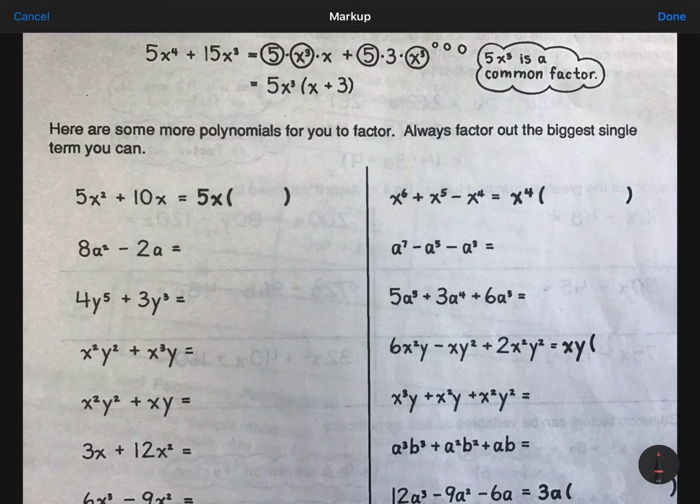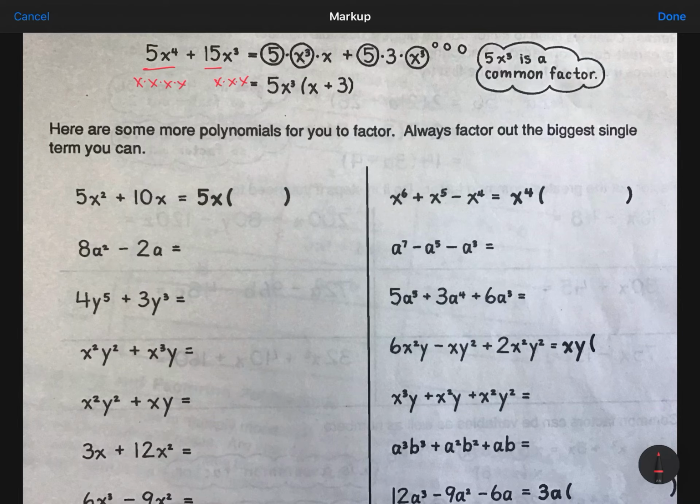So, as you can see in the example up above, with this first one, they took out a 5 from both the 5 and the 15, and they recognized that they could take out three x's from each, right? Because this one has four x's and this one had three, so you could take out a full three from each one.